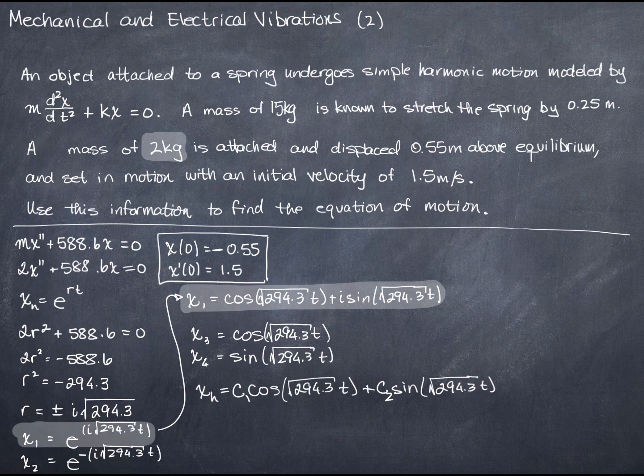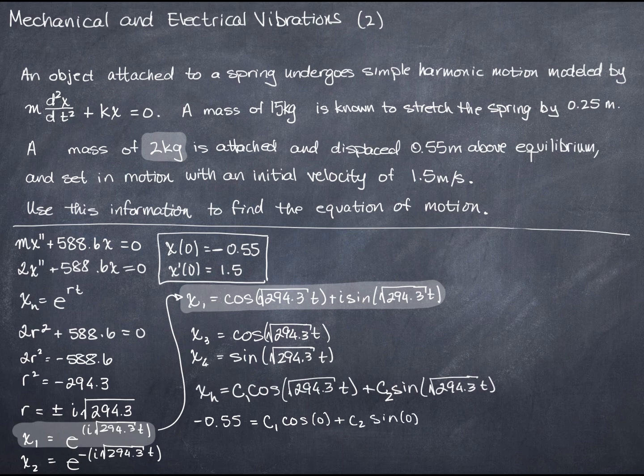I have the original equation, the original answer, if you will. The original x value is negative 0.55 when the input t is 0. So that's going to give me C1 times the cosine of 0 plus C2 times the sine of 0.